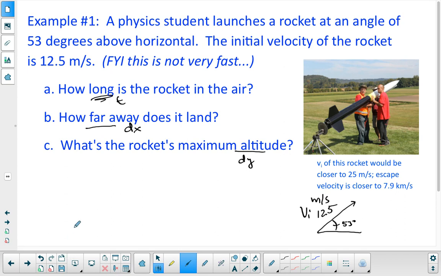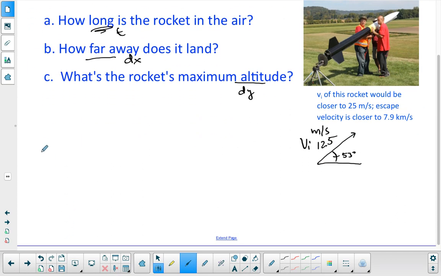So the first thing that we need to do in our problem solving approach, I'm going to move that up a bit, is we have to use our components. We have to figure out what VIX and VIY are. Really not very good at this writing in one place. So with these, again, we're going to be taking a look at sine and cosine to figure out what those components are.